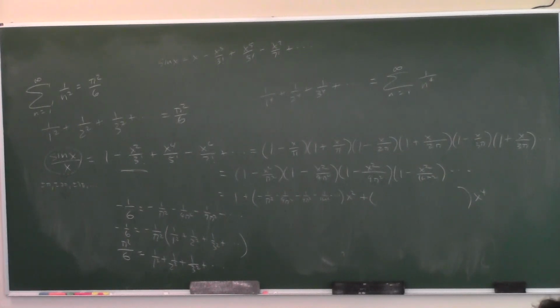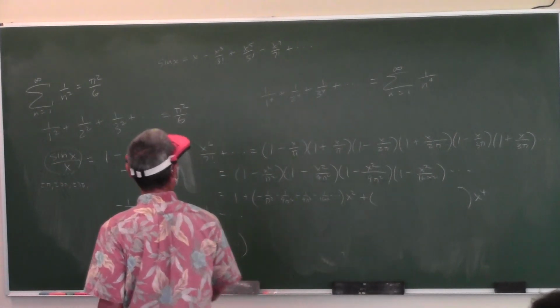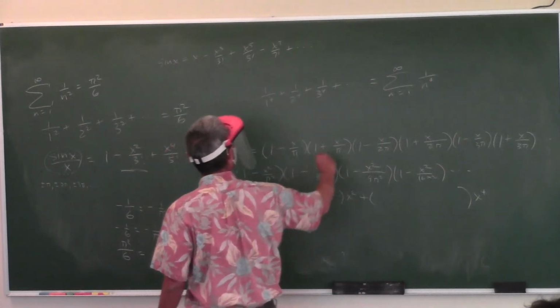Is there like a list of? Oh, I see it. It's in the 9. Oh, there. Oh, pi to the fourth over 90. Pi to the fourth over 90.